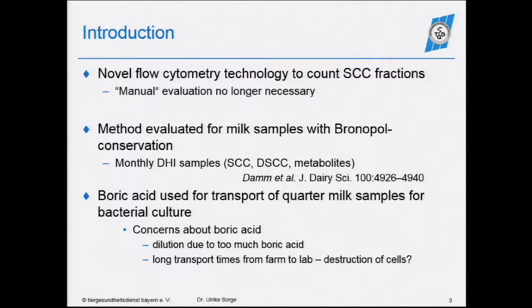The samples don't show up immediately in the laboratory. Instead, they are sent by postal services, and the SCC might be a bit fragile for the diagnosis of the different fractions. So do we have a destruction of cells? Plus it's also acid, so is there destruction of cells?